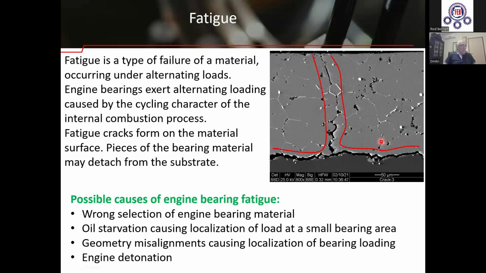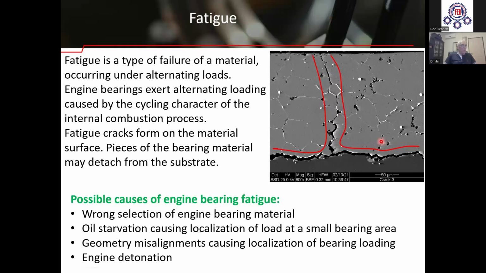The next possible cause is oil starvation. When the hydrodynamic regime is broken due to oil starvation, there is a localization of load at a small bearing area, and in this small bearing area, the specific load, which is load divided by the surface area, may be higher than the fatigue strength of the material.